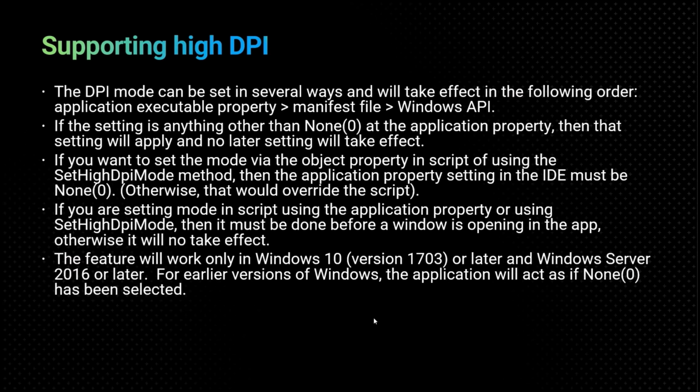If you want to set the mode via the set high DPI mode method in script, you must set the application property to none. Otherwise, the application property will override what you're trying to do in the script. If you set it through the application property, it's already set when you try to open up the application. If you try to do it in script, you've got to do it before a window is opened in the application. Otherwise, it will no longer have any effect.